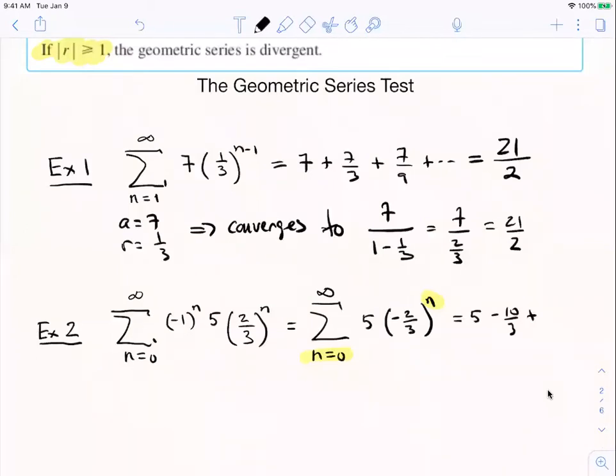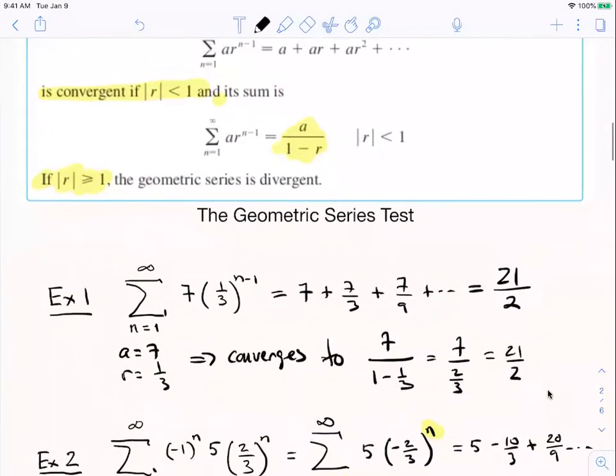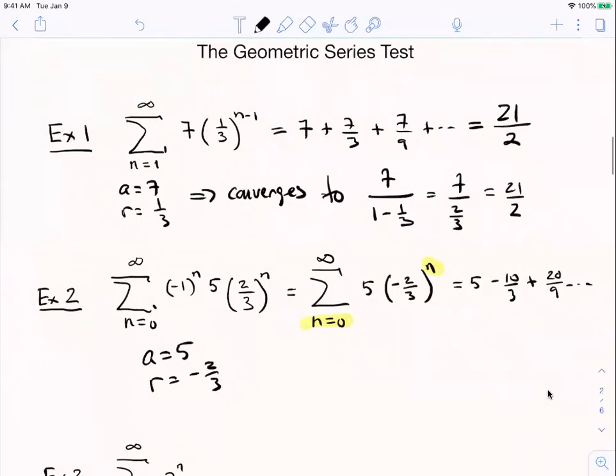And then I'd multiply by -2/3 again, so I'll get plus 20/9, minus, and so on. So I can see that my first term is 5, and that my common ratio is -2/3. And the geometric series test says as long as that common ratio is less than 1 in absolute value, the series is going to converge. So this series converges.